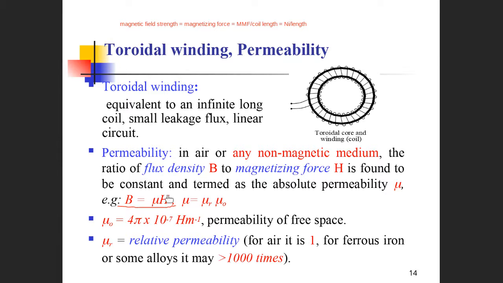Okay, so for a given magnetic field strength, depending on the permeabilities of the core materials, you have magnetic flux densities produced.